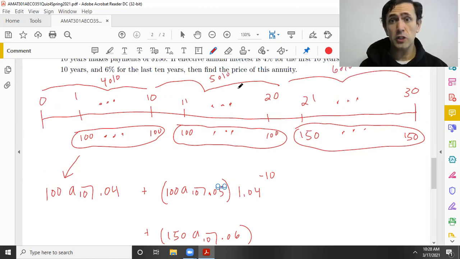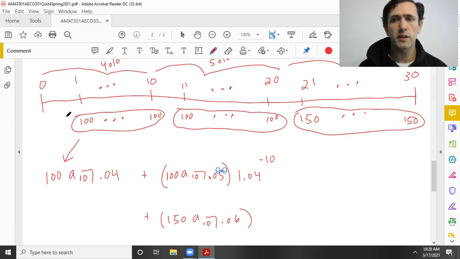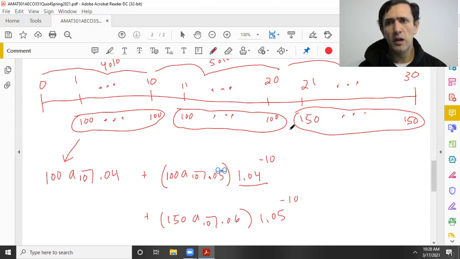So we have two different interest rates here. We have to discount 10 years using 5% and then 10 years using 4%. And that was pretty harsh if people didn't even bother to discount anything. If they forgot this 1.04 to the minus 10 and forgot the 1.05 to the minus 10, that's taking the present value of this 150 annuity from t equals 20 to t equals 10.